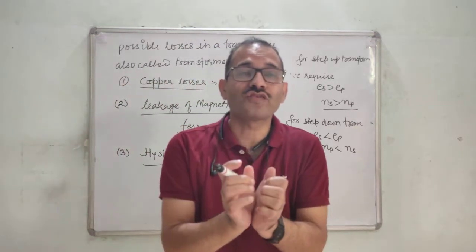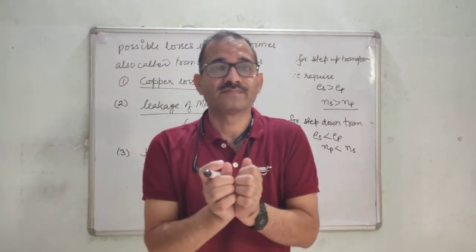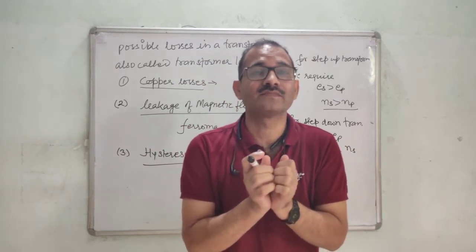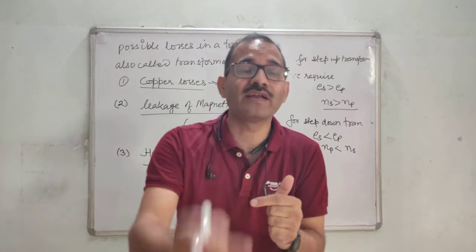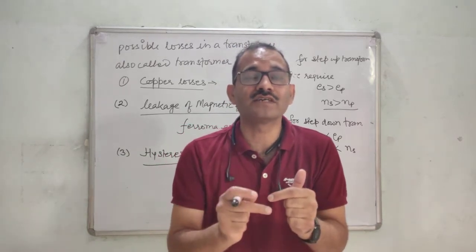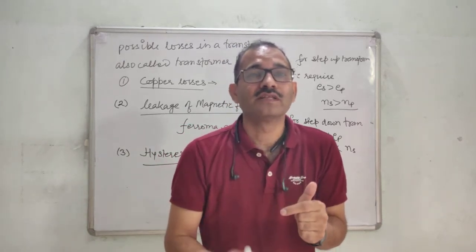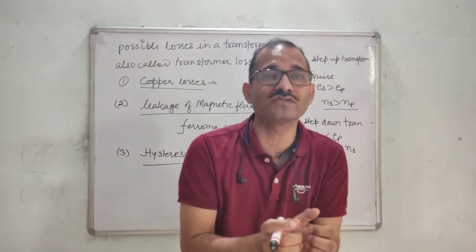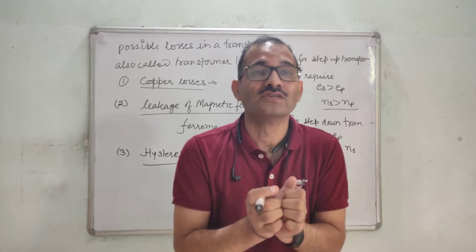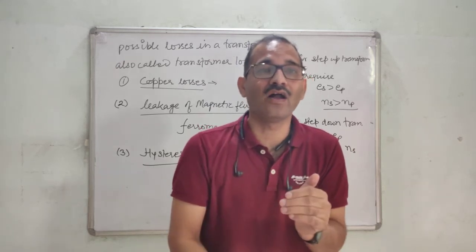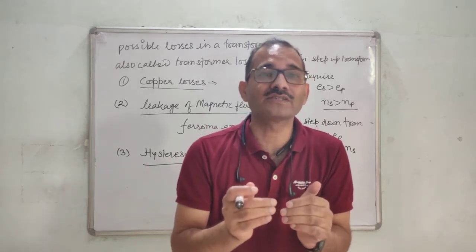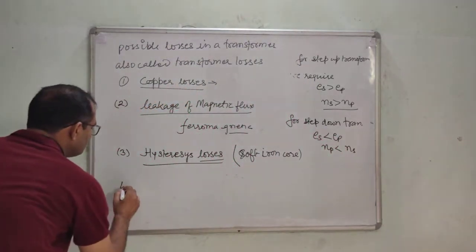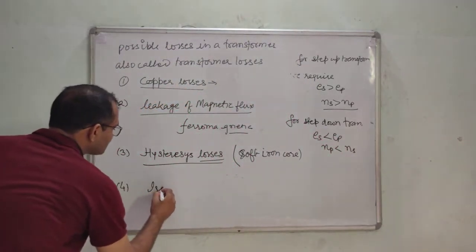But the soft iron core is a conductor, and a changing current is surrounding it, due to which there is a changing magnetic flux, due to which eddy currents will be produced. Work must be done against those eddy currents. So there is again a loss, due to the production of eddy currents. That loss is said to be iron loss.